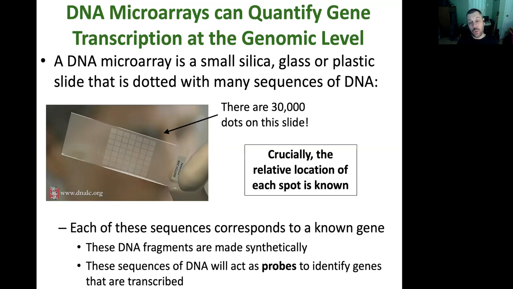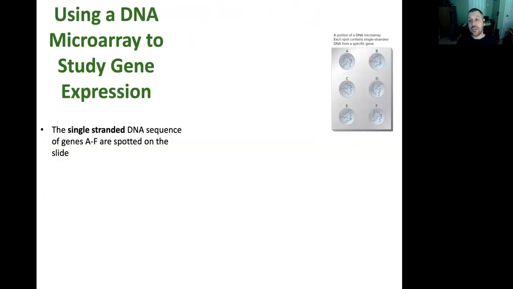And you can use those as probes to see which genes are transcribed and the level of gene transcription that occurs in a cell. So how do you do that? Here's how you use a DNA microarray to study gene expression.